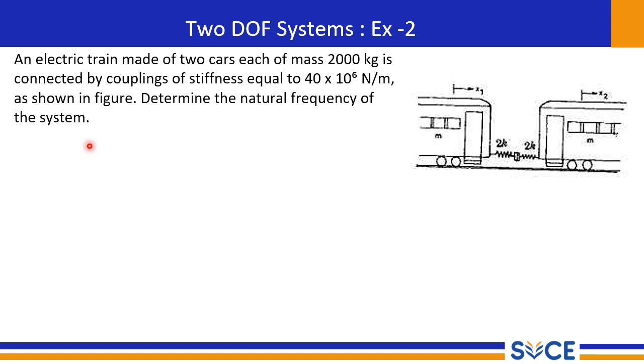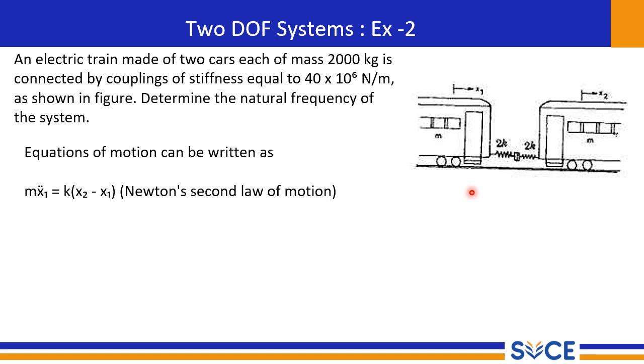To analyze the system, we start by writing the equation of motion using Newton's second law. Let's denote the displacement of the first car as x1 and the displacement of the second car as x2. The equation of motion is m x1 double dot equal to k, the stiffness between both the masses, times the influence of both displacements, that is x2 minus x1.